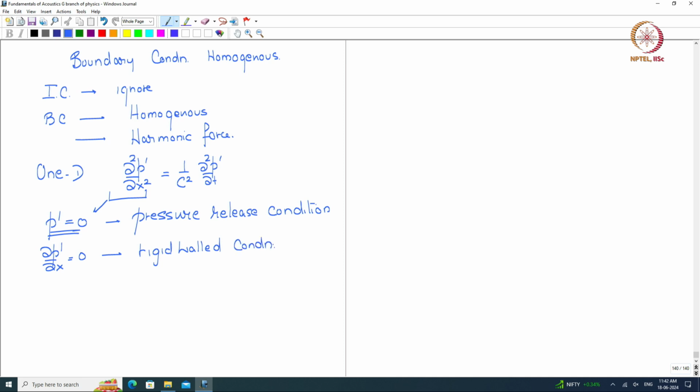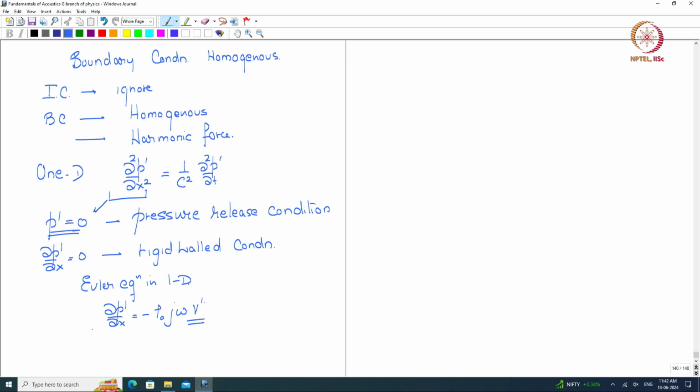The reason is that the Euler equation in 1D is ∂p'/∂x = -ρ0 jω v', the particle velocity.